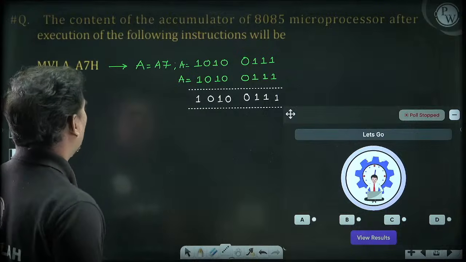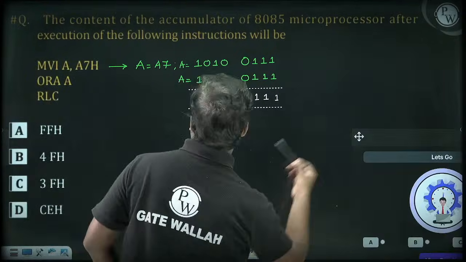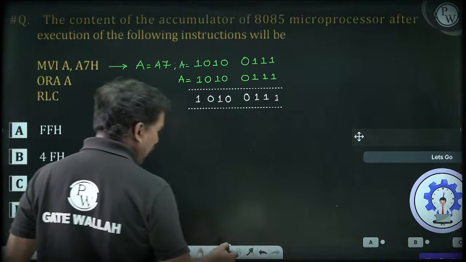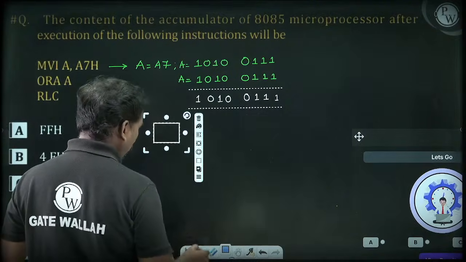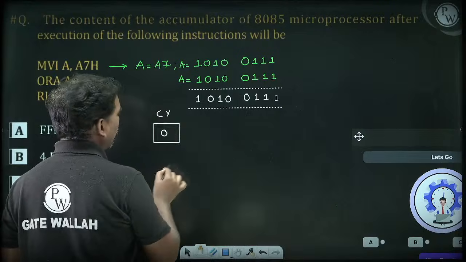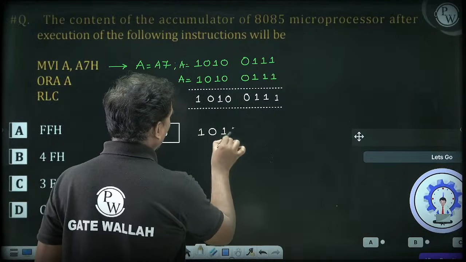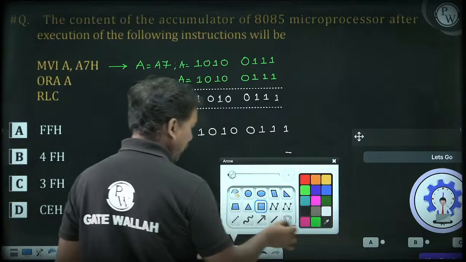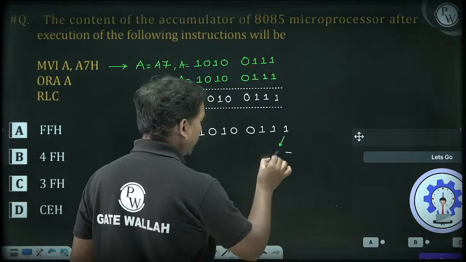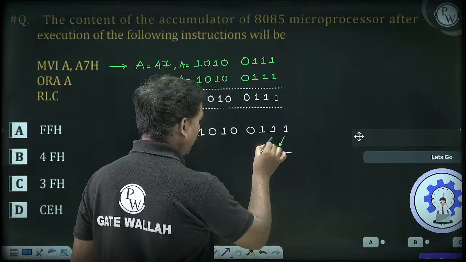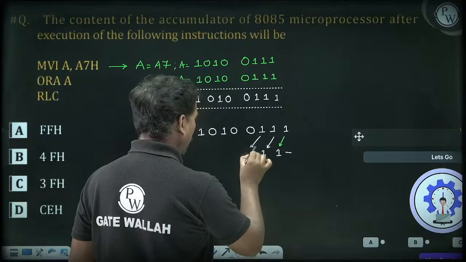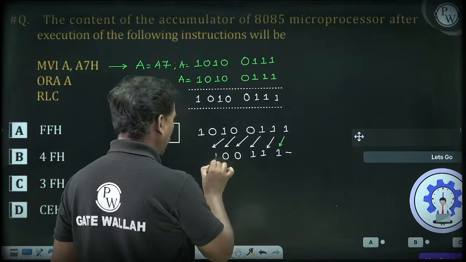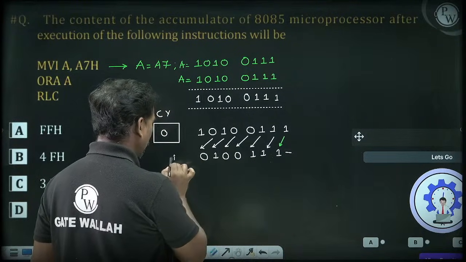Now rotate left without carry. So there is no carry set, so the carry flag is reset, the carry flag will be 0 here. So 1 0 1 0 0 1 1 1, and we have to rotate. So this should be 1 here, this should be 1 here, this should be 0, 0, 1, 0, this is 1.